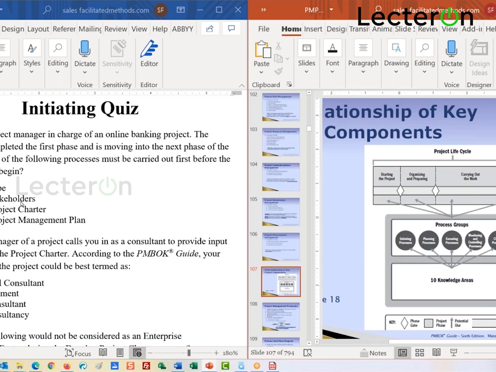Identifying stakeholders is the first thing you're going to do whenever you go to a new phase. After you identify those stakeholders, then you will develop the project management plan, your schedule, your budget for that next phase, probably mostly your schedule. Your scope may not be that critical.